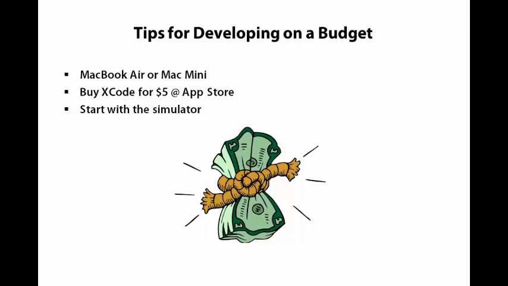Now, unfortunately, the biggest cost is still going to be getting a Mac, and there's really not a good way around that. But the best way to reduce that cost is to go with something like a MacBook Air, which is actually the choice that I chose. And I think I got mine for under $1,000. Or you can do a Mac Mini, which is around $600, I think, as of this time at the lowest cost one.